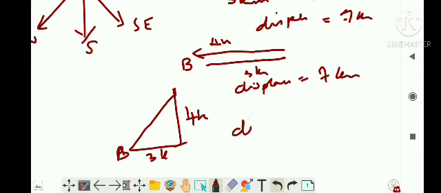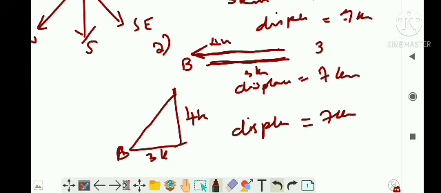Again, if you had not known about direction, you would have given the displacement again as 7 kilometers, right? But you actually know in the second case, if Bala is coming back, you are supposed to take 3, if we are taking this direction as positive, plus minus 4. This direction becomes negative and the displacement becomes minus 1.